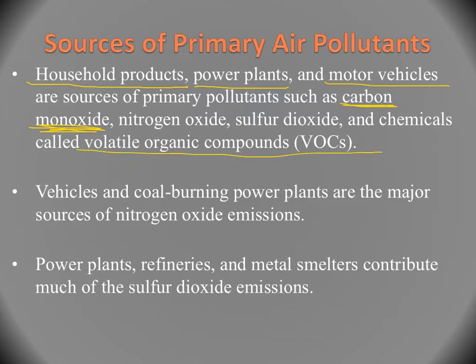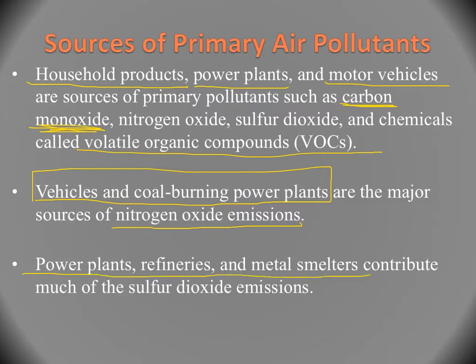Alright, the main sources of nitrogen oxide are vehicles and coal-burning power plants, which are used to create power. And then power plants and industry, such as refineries and metal smelters, put in the most amount of sulfur dioxide emissions, which are all primary pollutants.